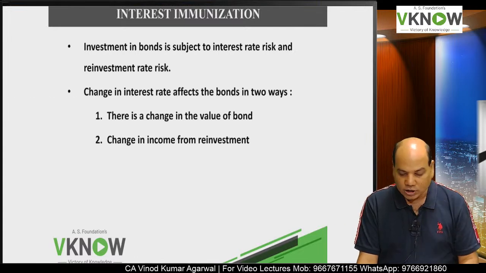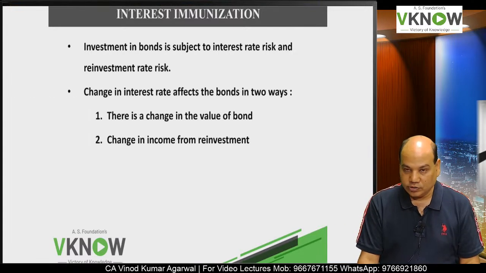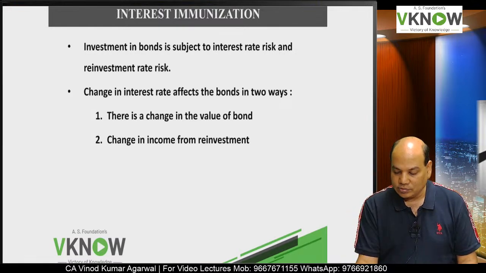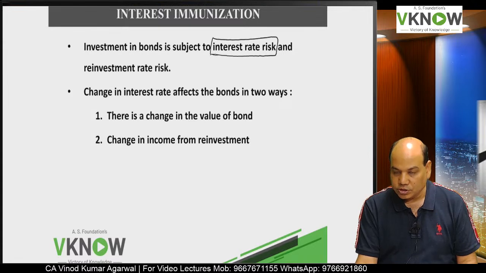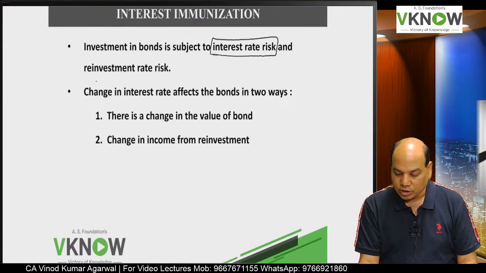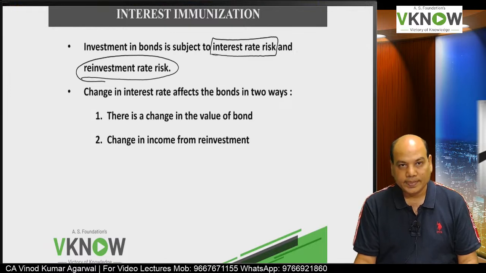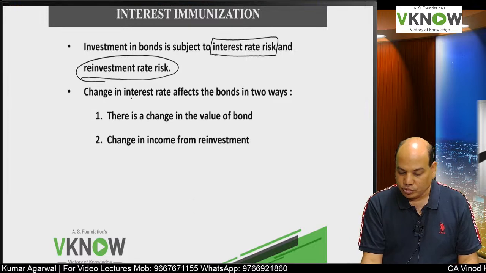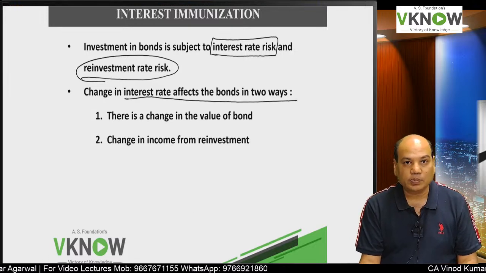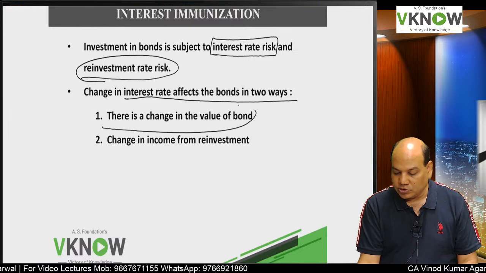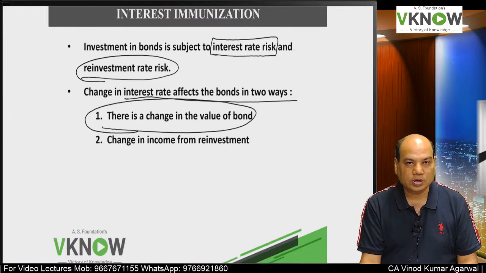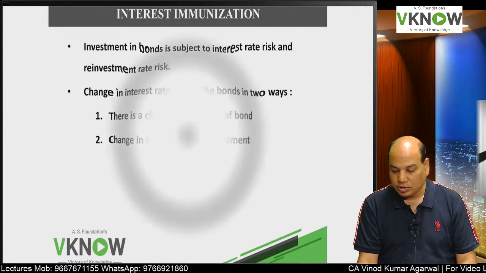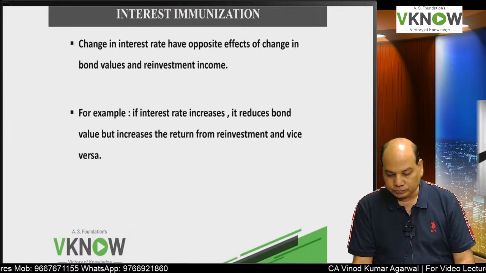So come back to paragraph 34, interest immunization. Investment in bond is subject to interest rate risk, means it can change, because of which bond value will change, and reinvestment rate risk. That means you will not be able to reinvest the coupon at the same rate. So this changing interest rate affects the bond in two ways. There will be a change in the value of the bond, as in the last so many questions we have seen, and there will be change in the income from reinvestment.